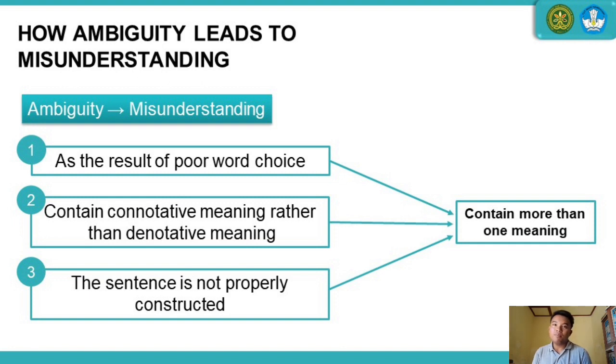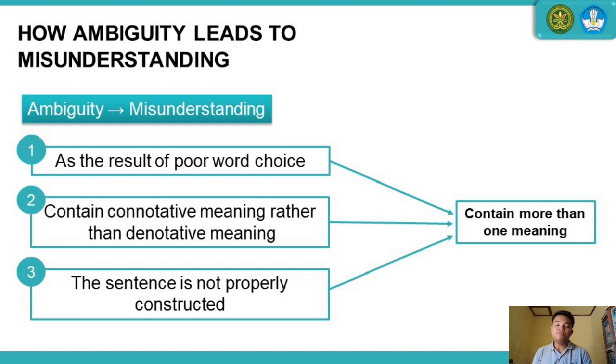The second one is that there is a lot of connotative rather than denotative meaning in a sentence. It can lead to misunderstanding because we create a sentence containing many non-literal things that make the listener unable to understand it literally.